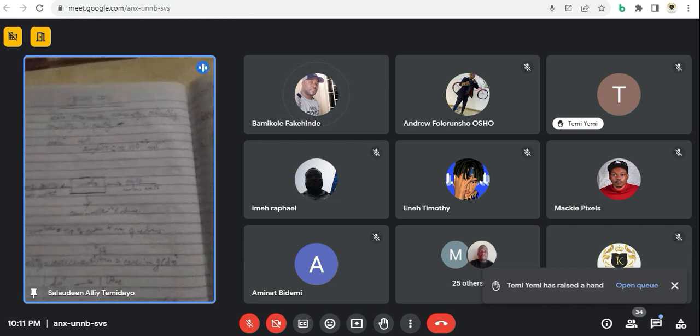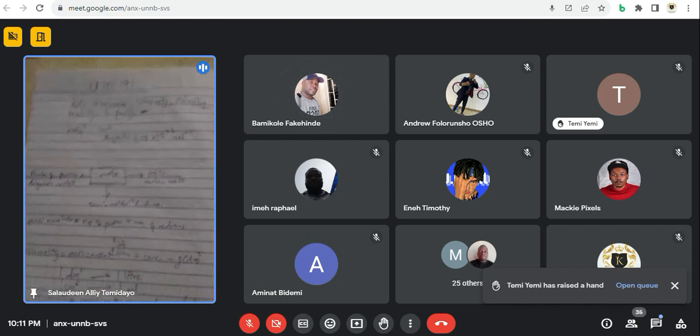The number of protons plus the number of neutrons gives what we call the mass number.